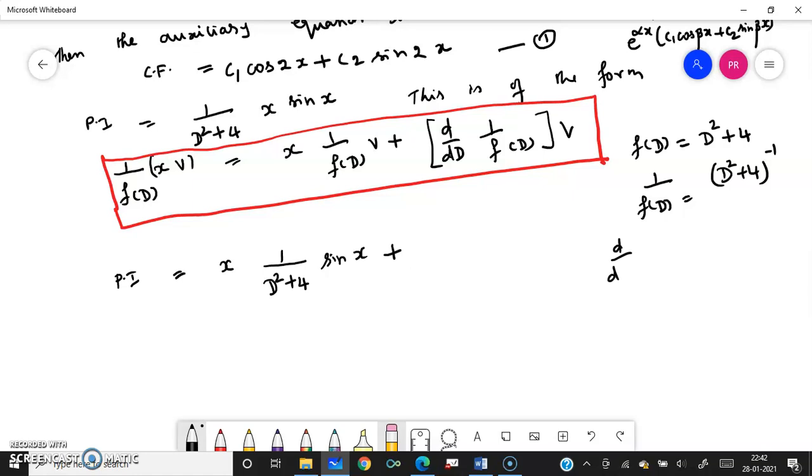Now d by dD of 1 by f of D will be equal to minus 1 into D square plus 4 whole to the power of minus 2, into differentiation of D square, which is 2D, and differentiation of 4 is 0. So this will become minus 2D in the numerator divided by D square plus 4 the whole square.